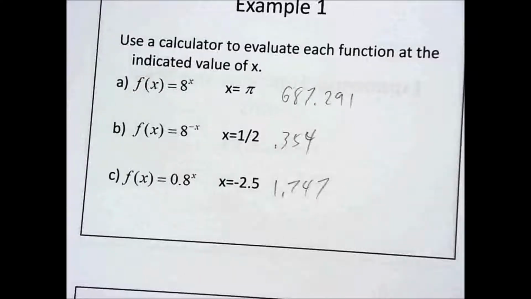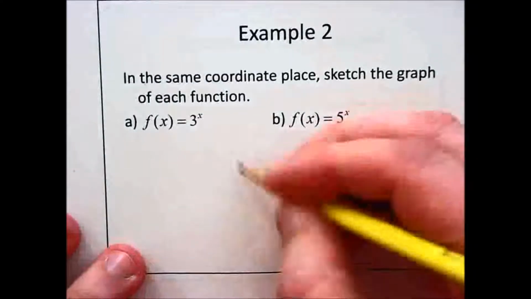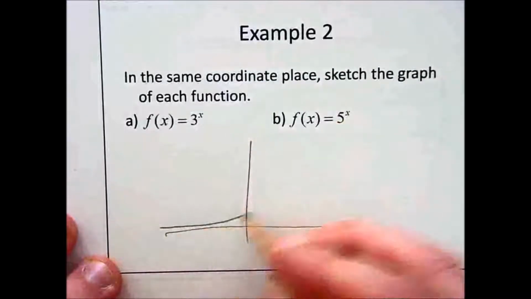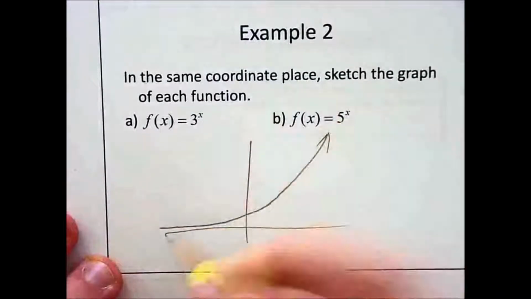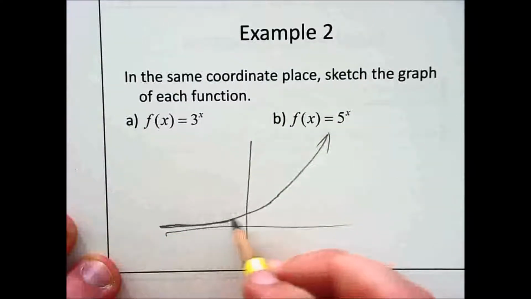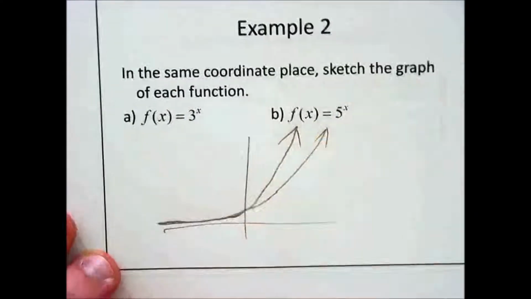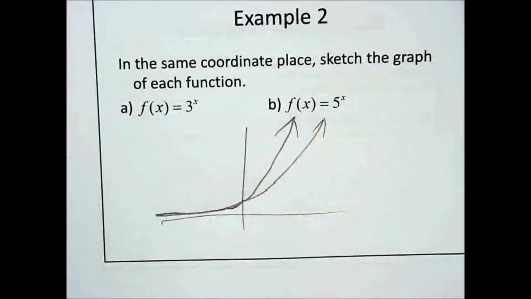So, now, graphically, if I look at these 2 functions and how they compare to each other. If I graph these, I'm going to get one function like this, and one function like this. Which one of those is which? 5 is the one that grows faster.